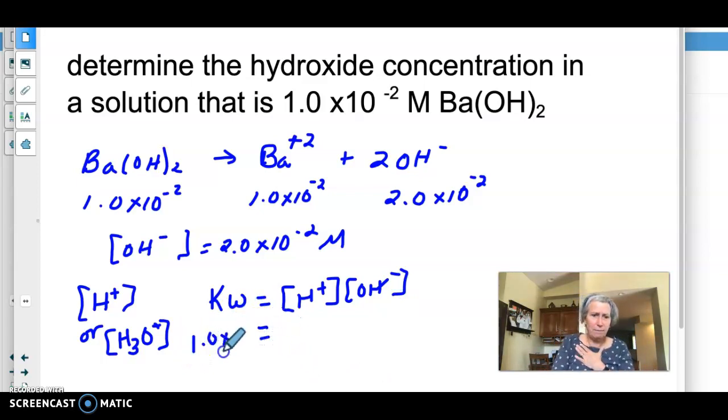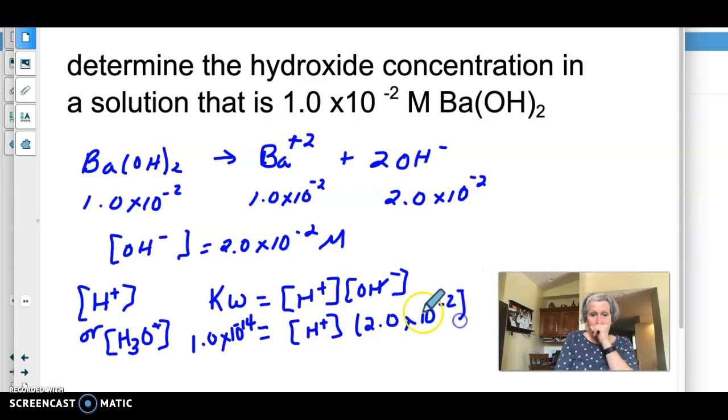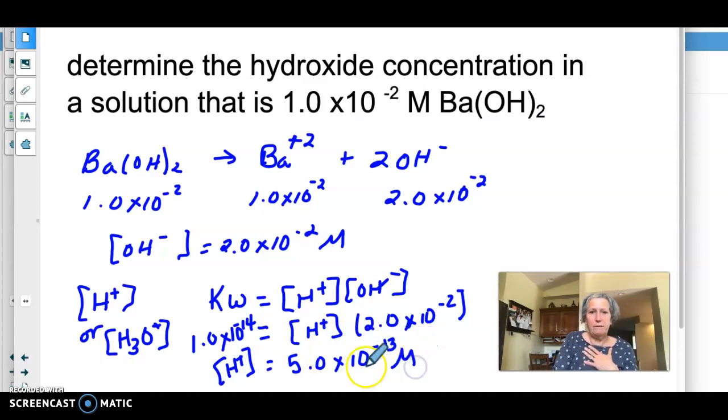This is 1.0 times 10 to the negative 14th. This is what we're solving for. And the hydroxide you'd put in as 2.0 times 10 to the negative 2. And when you solve for this, you should come up with the hydrogen ion concentration being 5.0 times 10 to the negative 13 molarity. So that's how you do problems with the Kw equation. Good luck. See you next time.